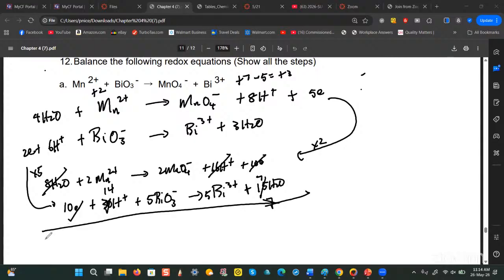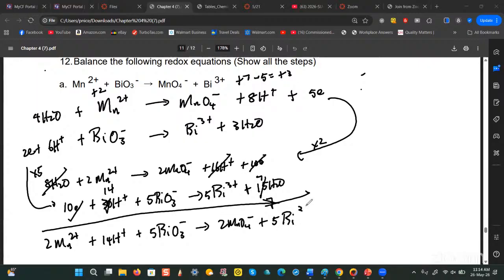So we'll be left with 2 Mn2+ plus 14 hydrogen ions plus 5 BiO3- to give you 2 MnO4- plus 5 Bi3+ plus 7 H2O.